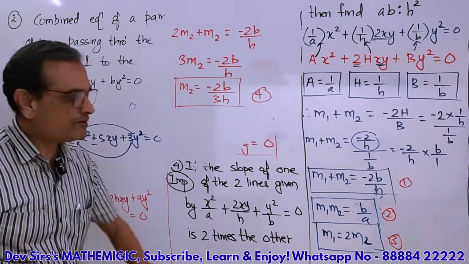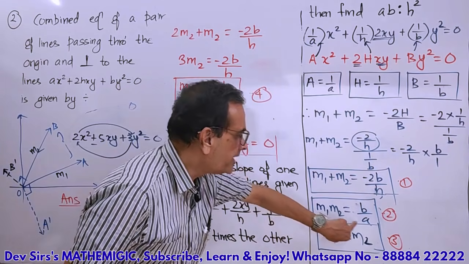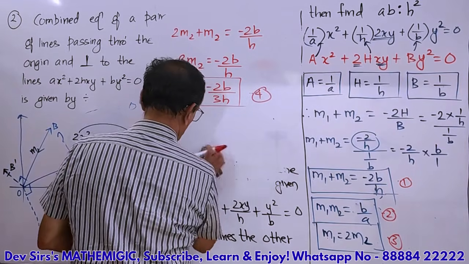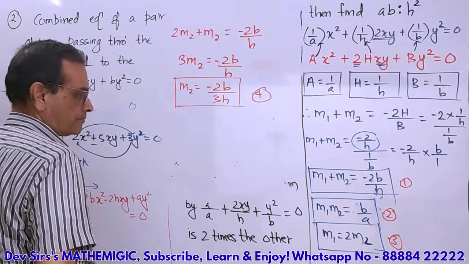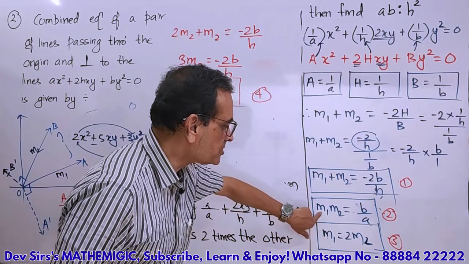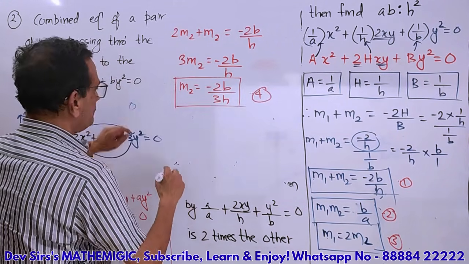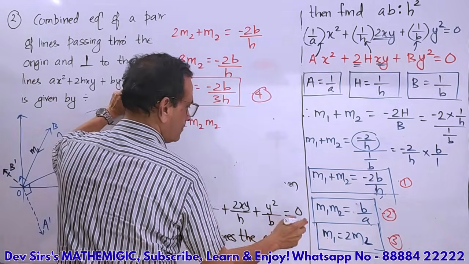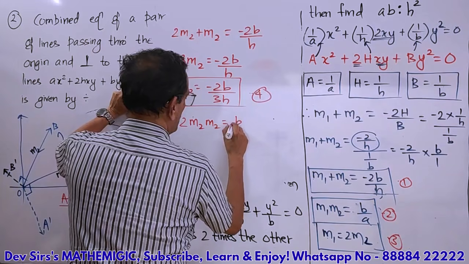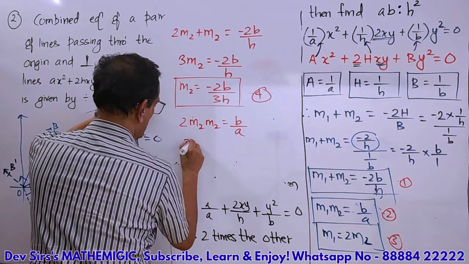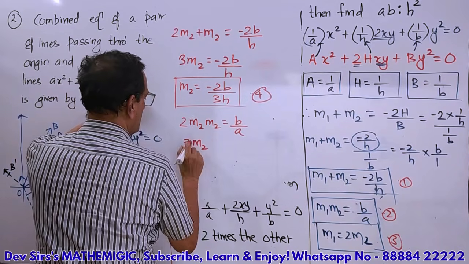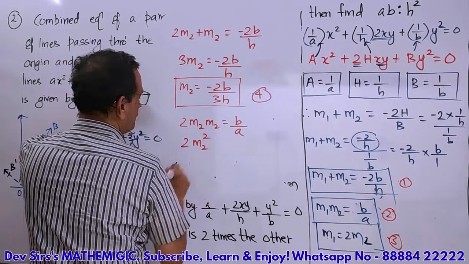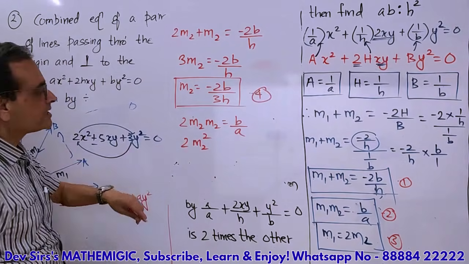How do you get equation 5? In place of m1, substitute 2m2: equation 3 in equation 2. So m1 is replaced by 2m2, giving 2m2 times m2, that is 2m2 squared, equal to b upon a.